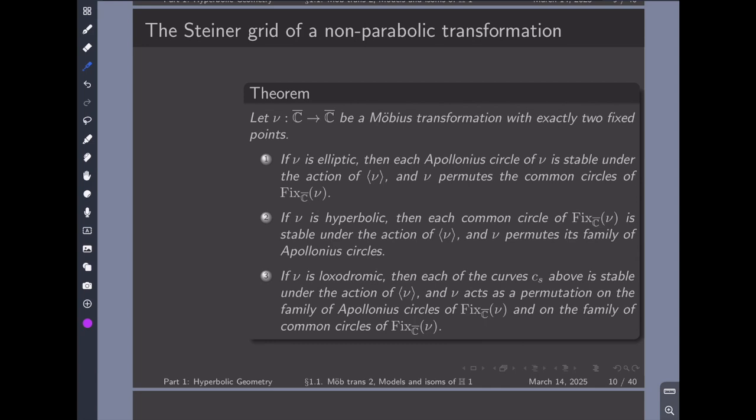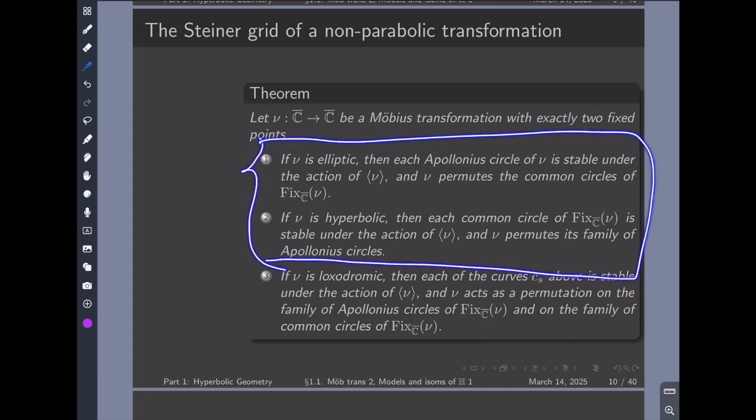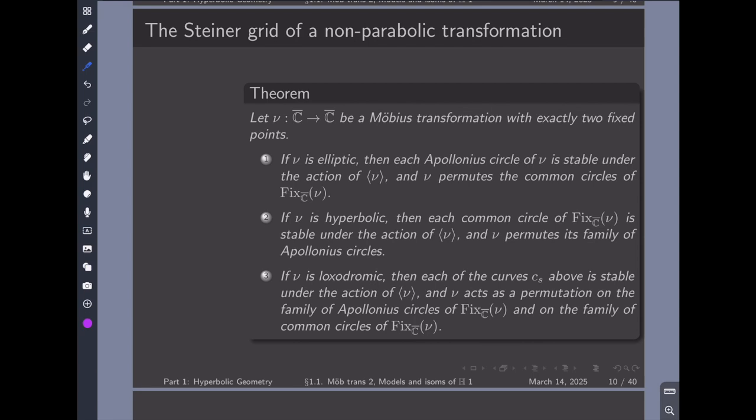And if you think about it, we are also using that circles get sent to circles, angles are preserved, and so on. So one can think that the behavior of elliptic and hyperbolic transformations are sort of dual to each other in a way.